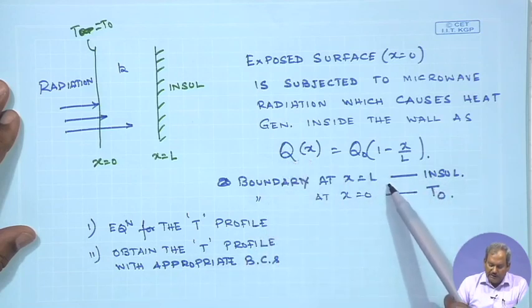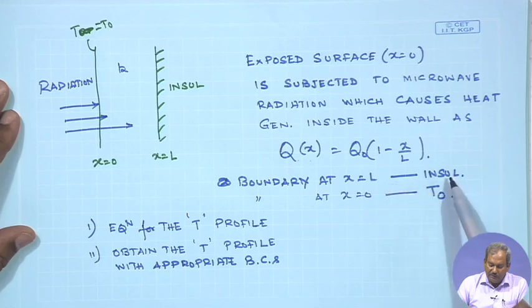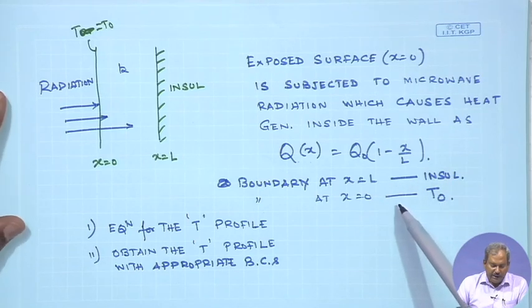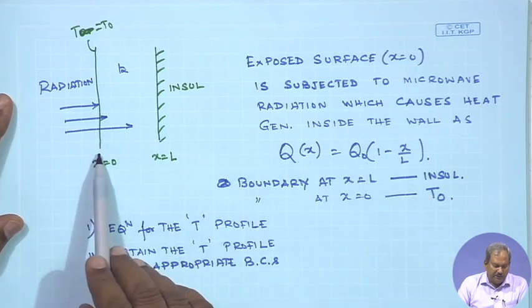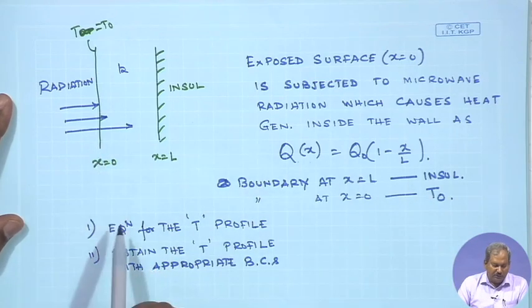The boundary at x equals L is kept insulated, and the boundary at x equals 0 is maintained at a temperature equal to T0.